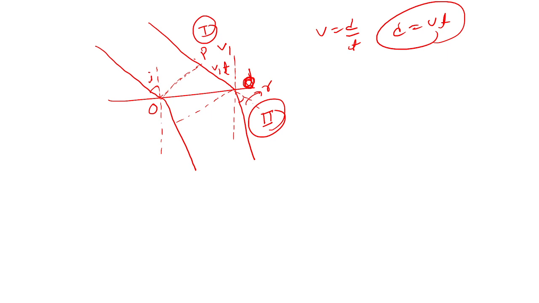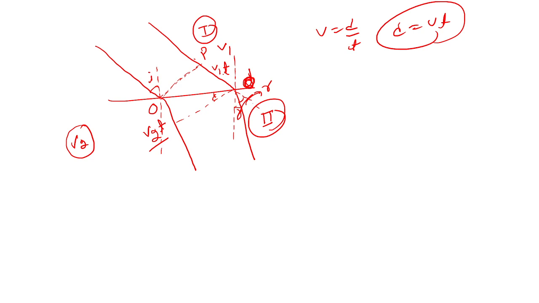When the velocity changes, we do the same thing, v2 t, because we said that v2 is the velocity of that ray, light, when it is traveling from rare to denser medium. So it is v2 t and there is v1 t. And here is the angle of incidence, and here is the angle of refraction.